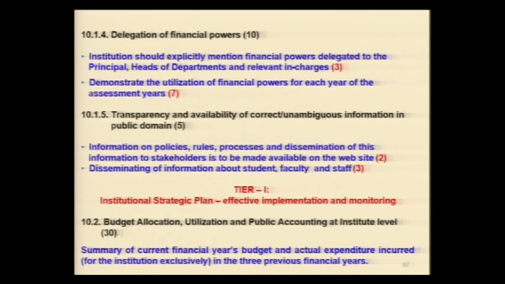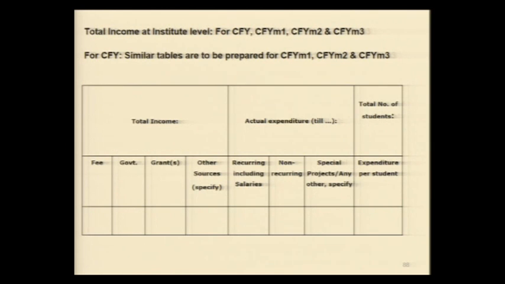If you look at the next table, as a differentiator the expenditure per student is looked into. In this table, total income comes through fees, some kind of government support, grants in the form of projects, and any other source such as donations, which they need to specify here.